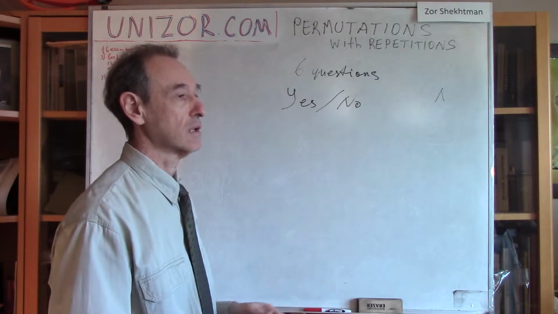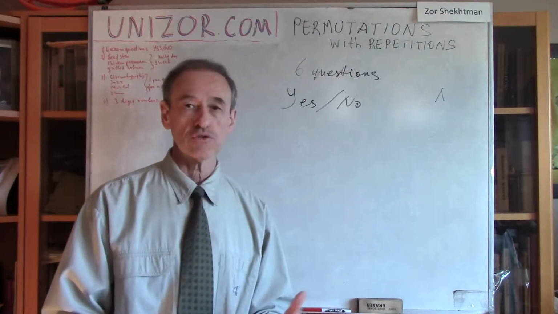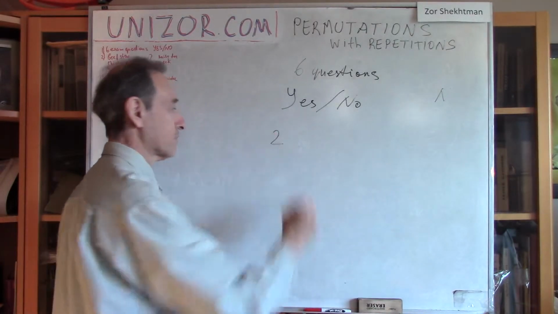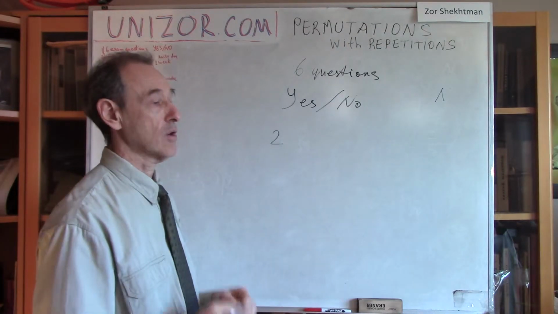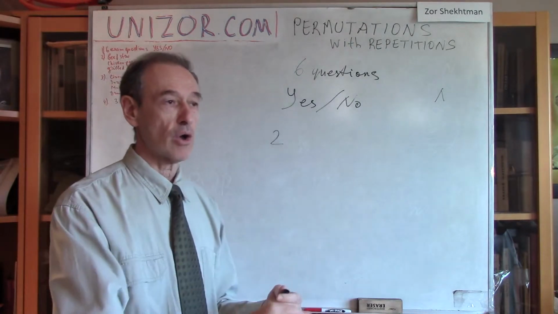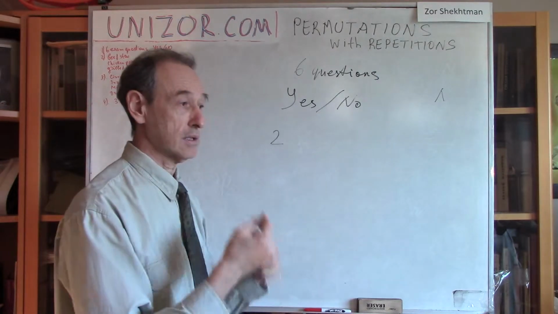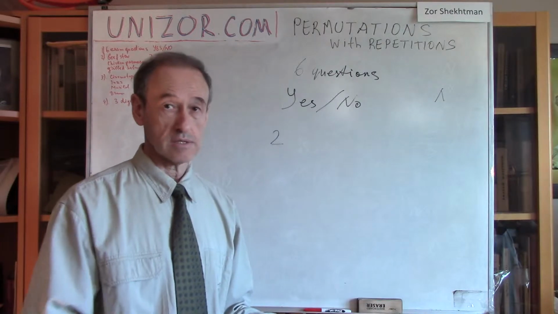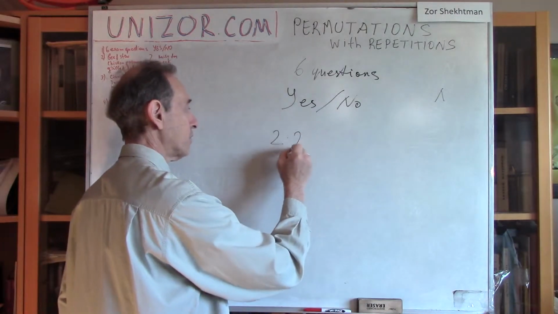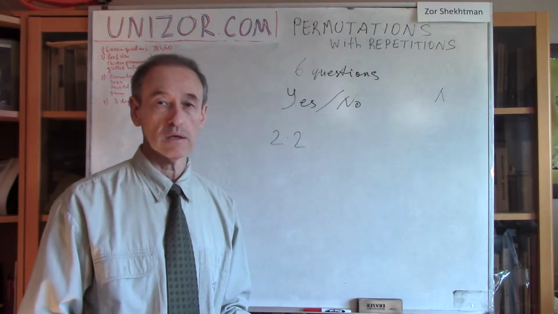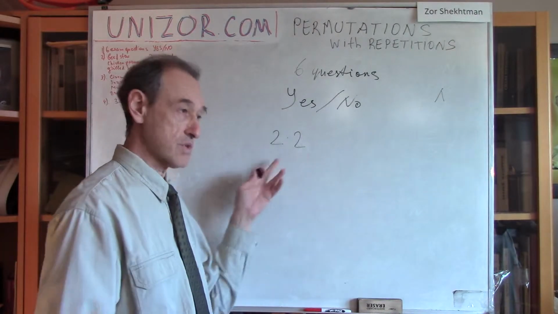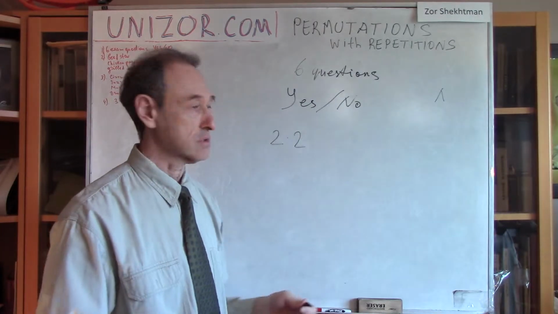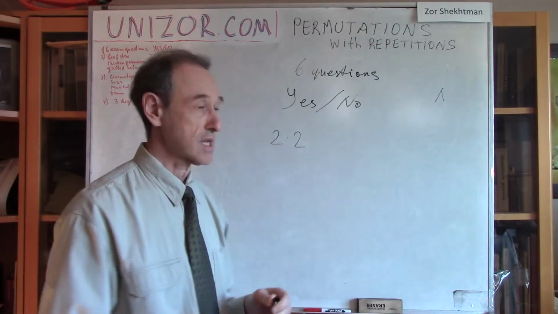Well, let's just consider. Now, I'm facing the question number 1. I have 2 choices, yes or no, right? So I have already 2 different variations. Now, with each of these, I'm going to the question number 2, and I'm also presented with only 2 different choices, yes or no. So, for a couple of questions, I have 2 times 2 variations, because with each of the answers to the first question, I have 2 answers to the second question.